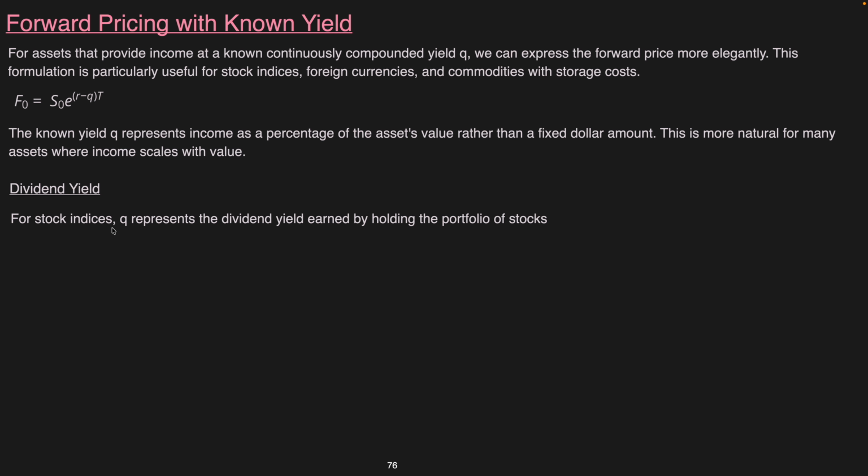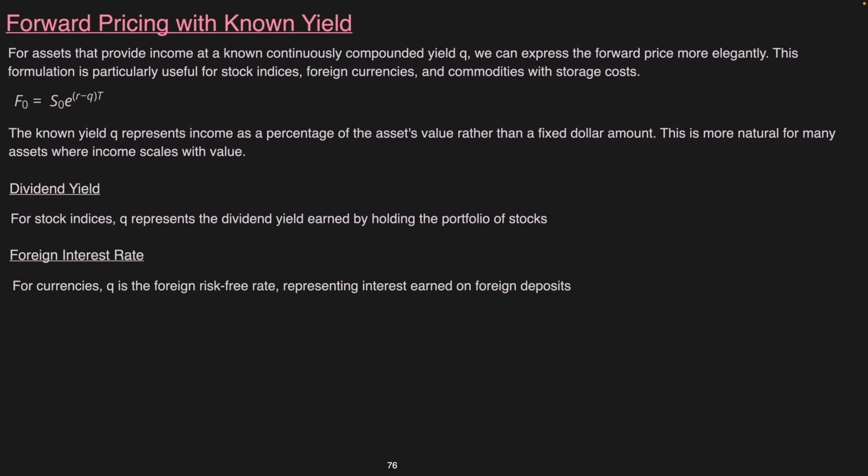Now, this Q is nothing but the dividend yield. So, for stock indices, Q represents the dividend yield earned by holding the portfolio of stocks. In case of currencies, Q is the foreign risk-free rate representing interest earned on foreign deposits. As far as commodities are concerned, minus Q can represent storage cost as a percentage of the spot price.